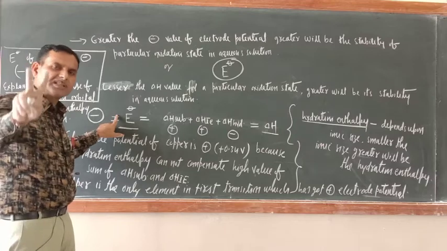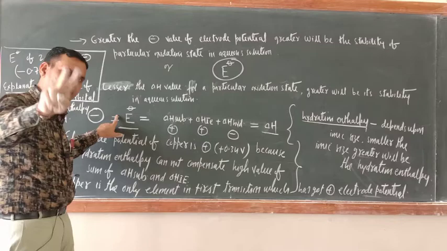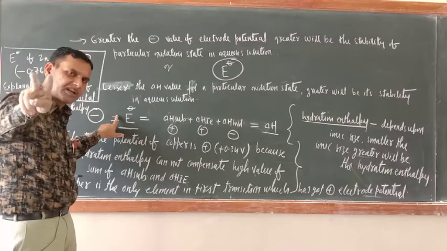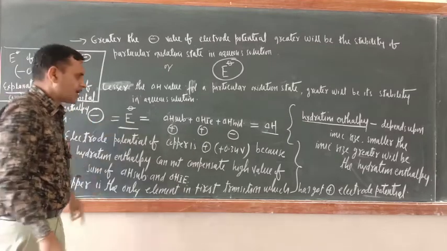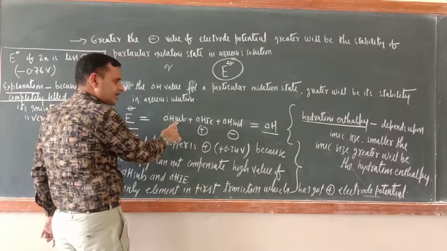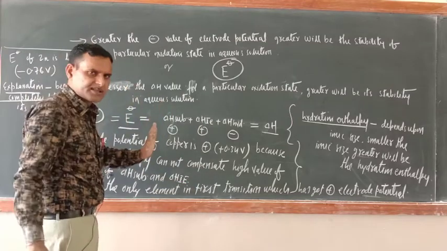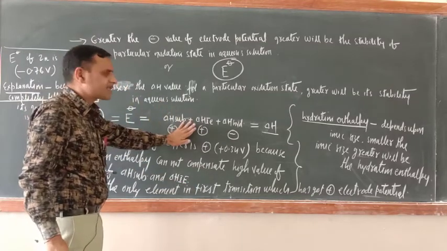And electrode potential for a metal is negative. Always remember, electrode potential for a metal is negative and electrode potential for a non-metal is positive. If it is a non-metal, then here you will write dissociation enthalpy, and here electron gain enthalpy, which we have already discussed. But this is a metal, that is why this is the formula.